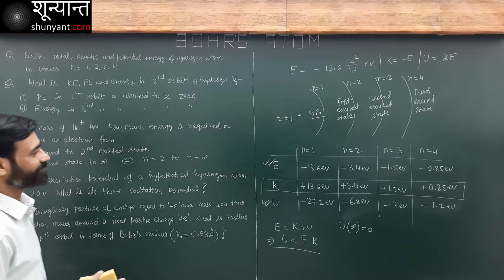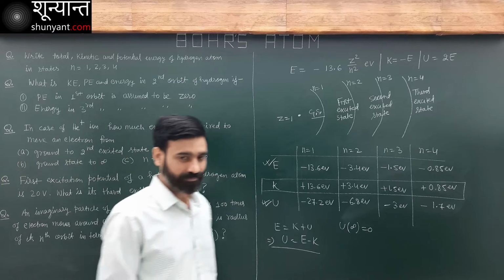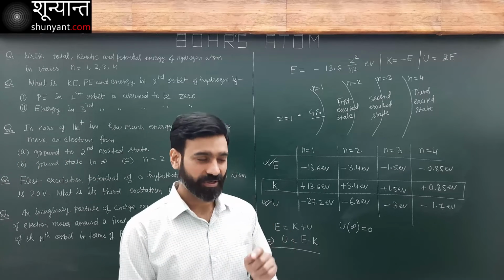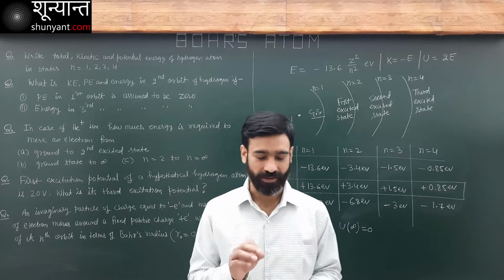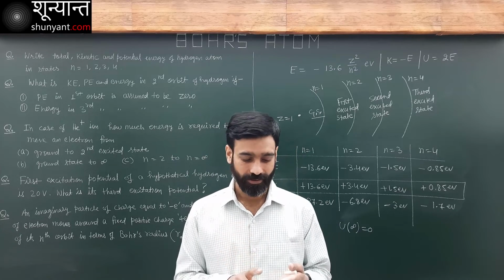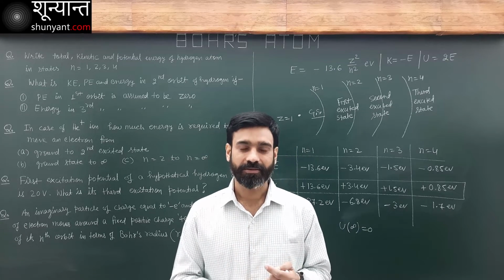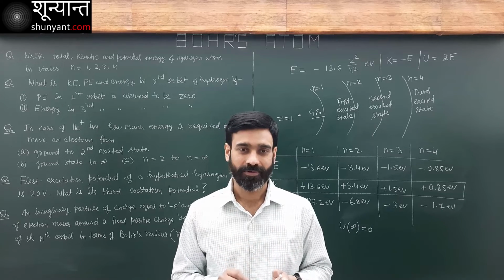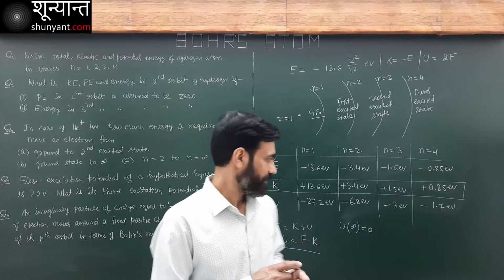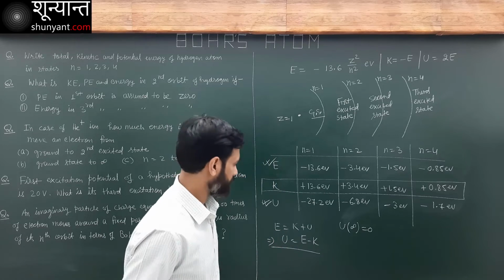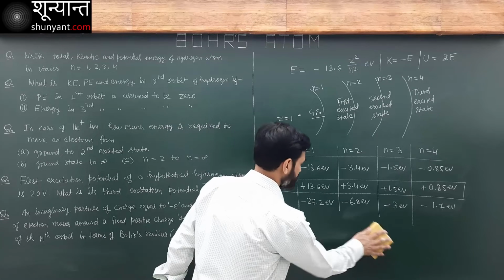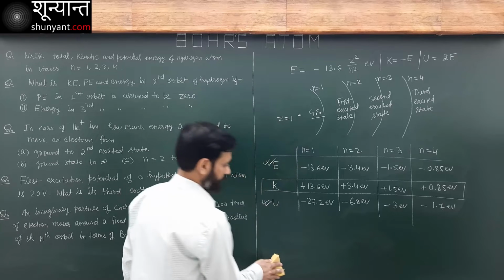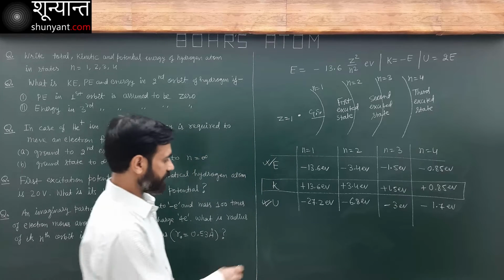Keep in mind, very first point, potential energy does not have any absolute value. Think of it this way. I'm going to give you one example here. Let's say that this is ground.